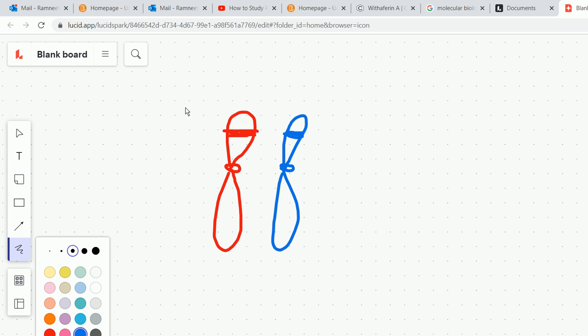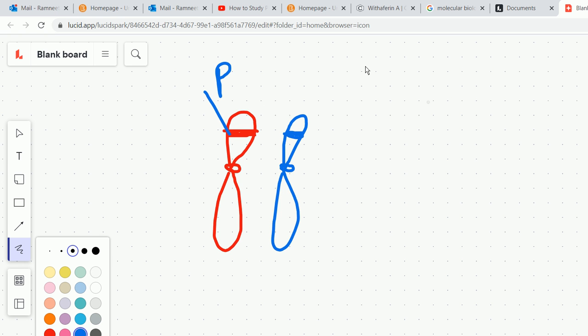Suppose this gene is P. In Mendel's crosses, the two variants of the gene on two different chromosomes are called the alleles.